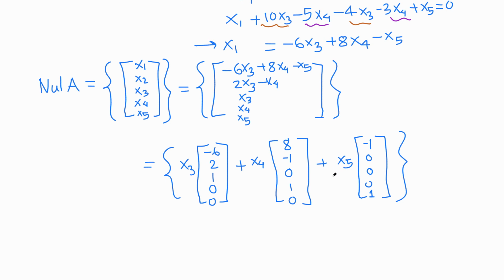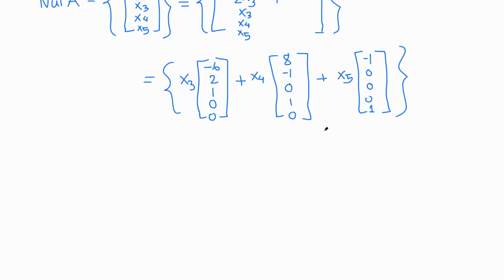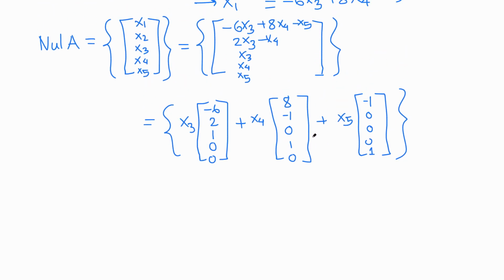These types of collections are all in null A, and x3, x4, and x5 are free variables, which means they can be any real number. So what we wrote here is a linear combination, and we can write that as the span of these 3 vectors.